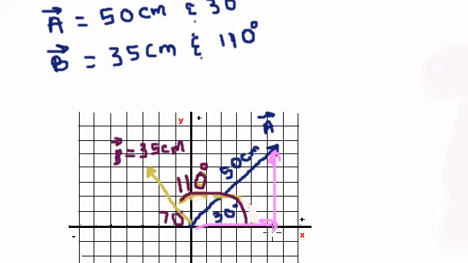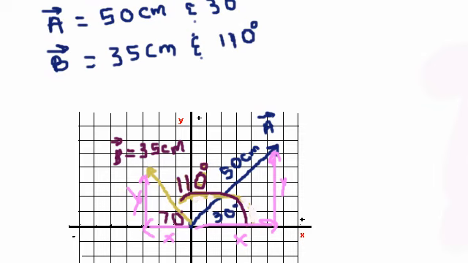This is the x component and y component for vector A. And over here, I'm going to draw the y component and the x component. This is the x, this is the y of vector B. And this is the x and y component of vector A.